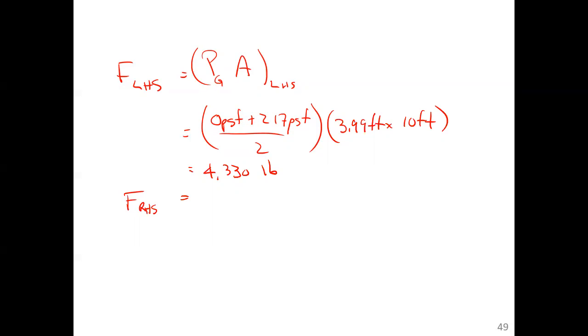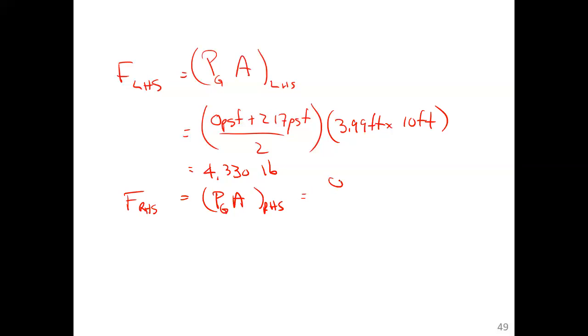So same thing on the right-hand side. We need the pressure at the center of area times the area of the right-hand side. Similarly, we would get that by getting the average pressure on the right-hand side times the submerged plane area of the right-hand side.